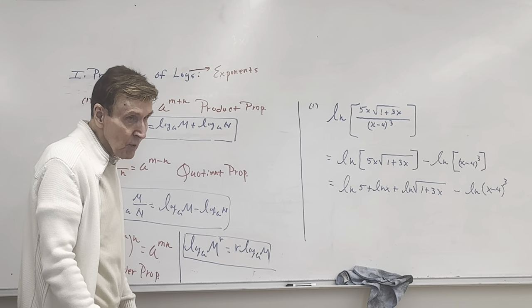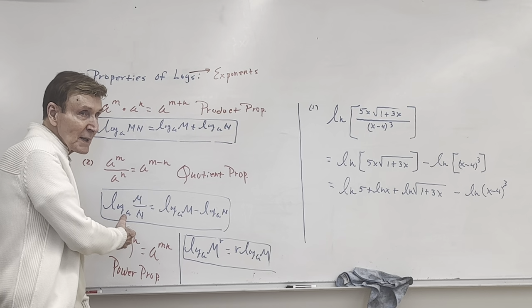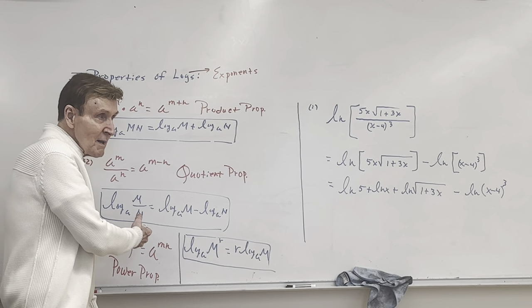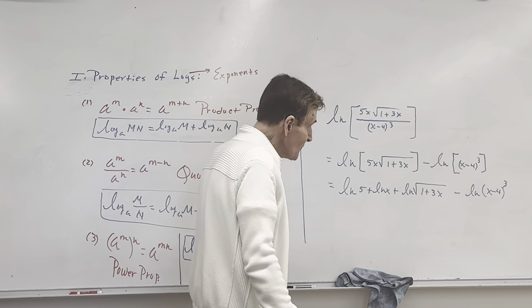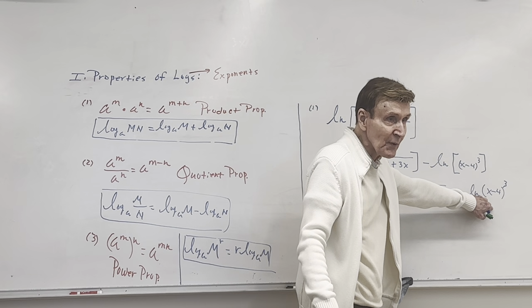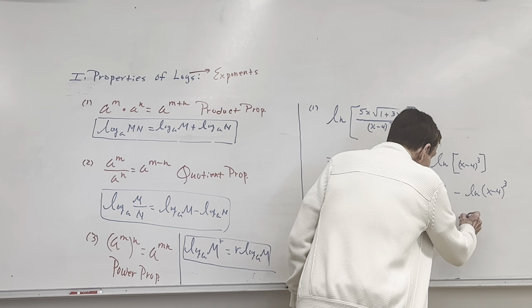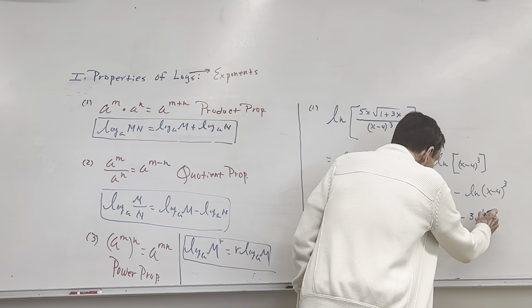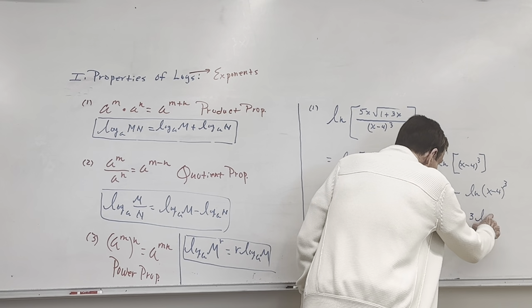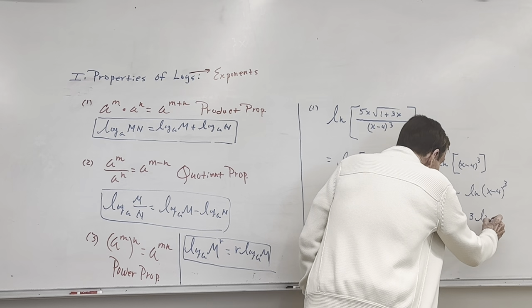Now, am I finished, or is there some place I can use the power property? For sure here. Could I lift that 3 out front with the help of the power property on the end? So let me do that right here. Move the 3 out front, ln of this.